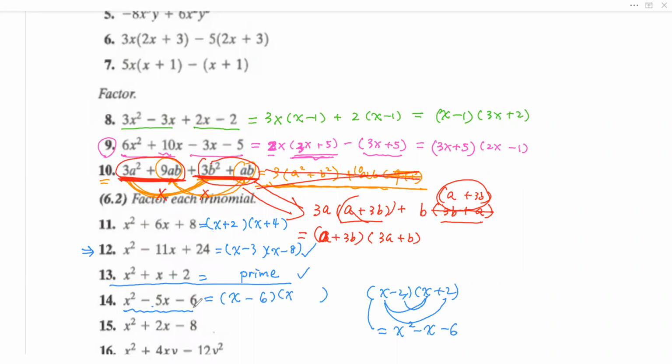Okay. So this means this answer is not correct, right? Give you one more opportunity. So this -6 should be factored into what? +1 times -6, right? The sum is -5, which can match your -5, right?